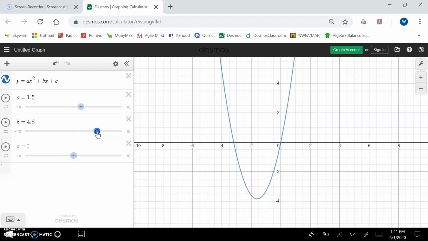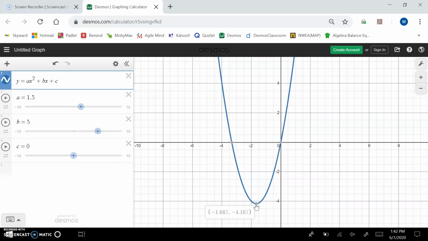Notice the value of b does not indicate the horizontal shift of the vertex. So if I have a b value of 5, my vertex hasn't shifted over 5 units. It's also not the value of this other x-intercept. Notice b is 5, but it's crossing the x-axis here at negative 3.3. So it's not a specific point on your parabola.